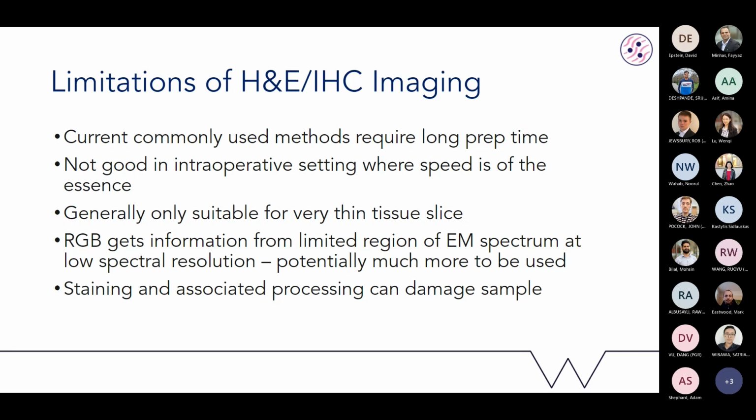And also this staining and associated processing that goes into it can damage the sample as well. So things like label-free imaging, which doesn't involve staining, can help preserve your samples. And over the next slides, we're going to go through a few methods and techniques.